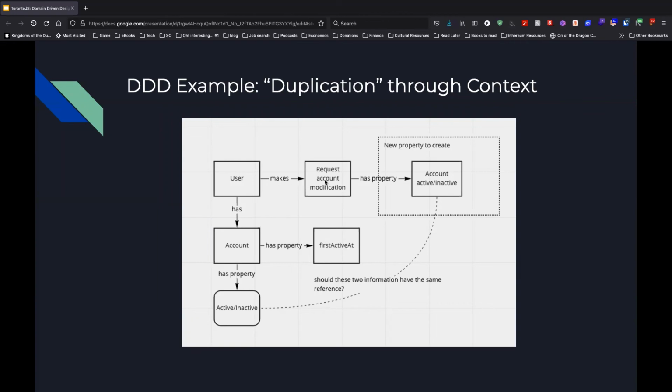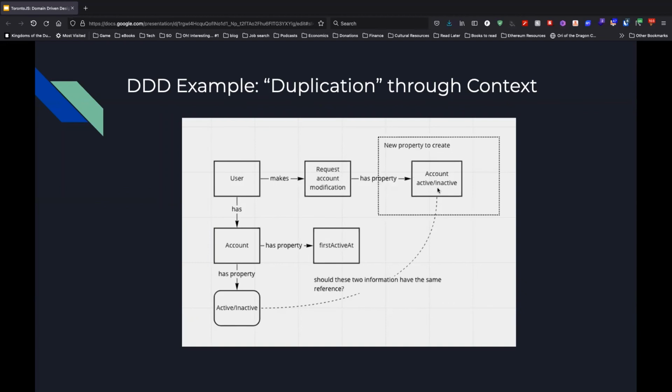And the user can make an account modification request, and the account modification request itself is stored. And now we want to make a new feature that requires a new property called the account active or inactive.